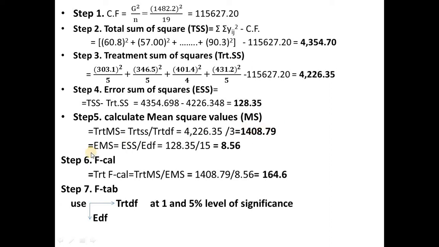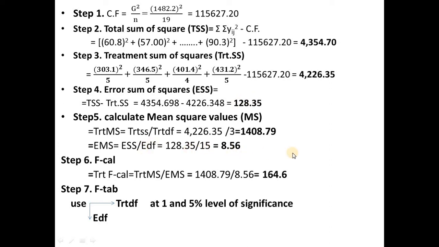When we come to the error mean square value, we just have to divide the error sum square value by its error degree of freedom. From this we have got this value, and then we divide it by the error degree of freedom, 15.